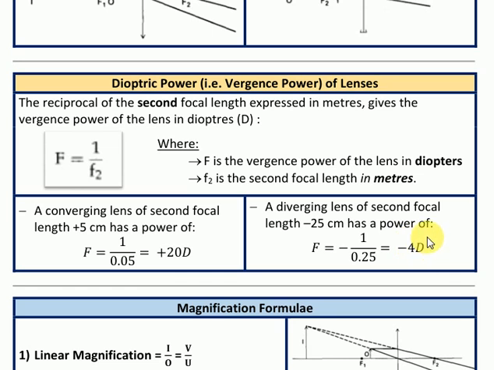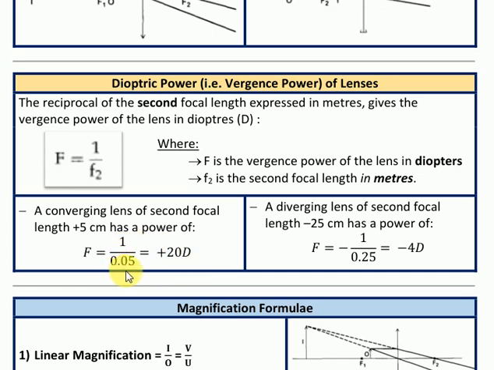So the lenses of shorter focal length are more powerful than lenses of longer focal length. Therefore, the unit of lens power, the diopter, is based on the reciprocal of the second focal length.